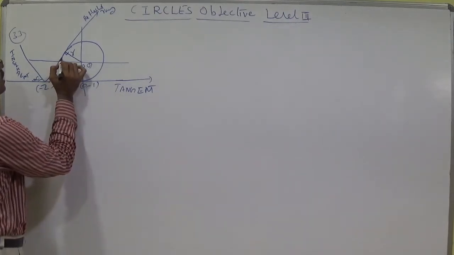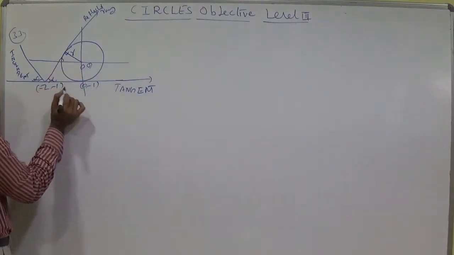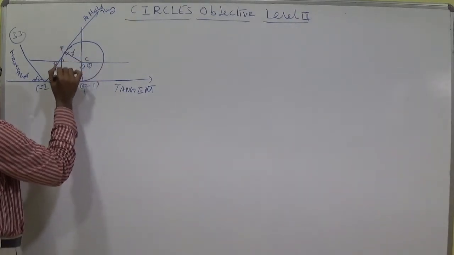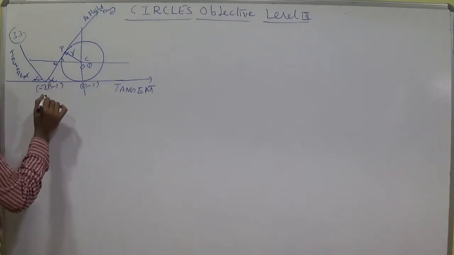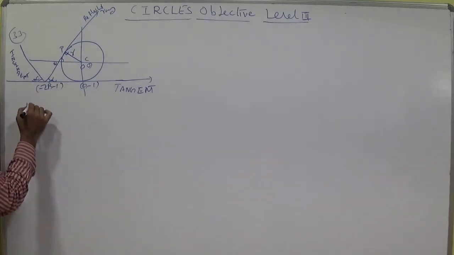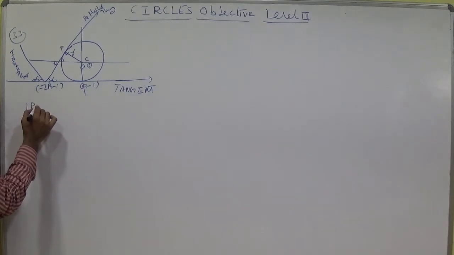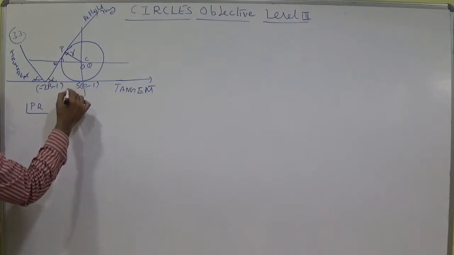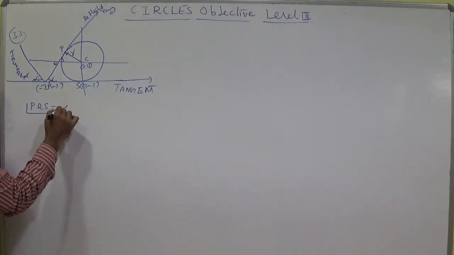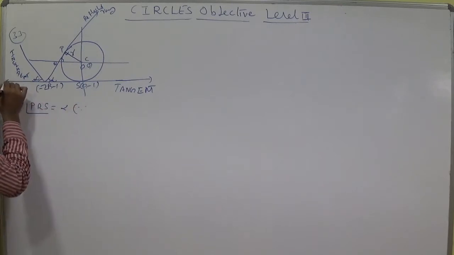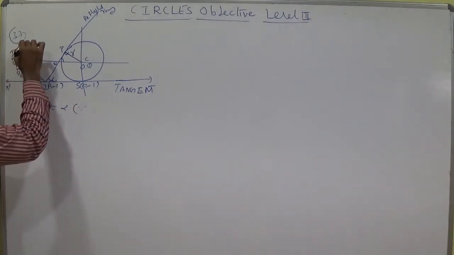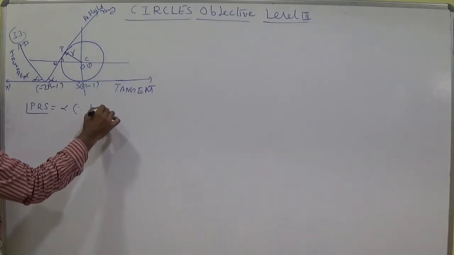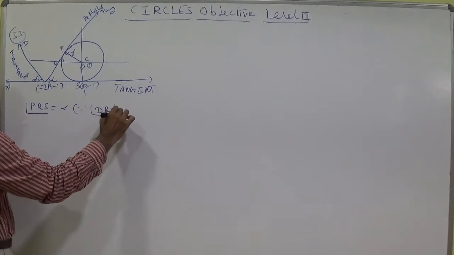In this triangle, put names: this is center C, this is P, this is Q, this is R. So angle PRS is equal to alpha, since this is x dash and this is a point D, angle DRx dash is equal to alpha.